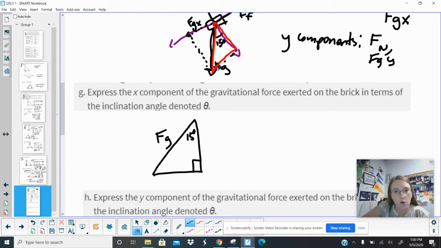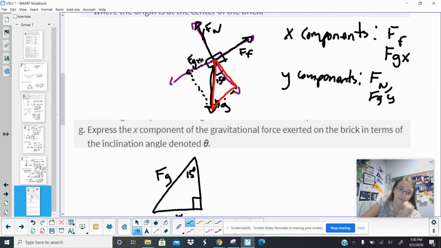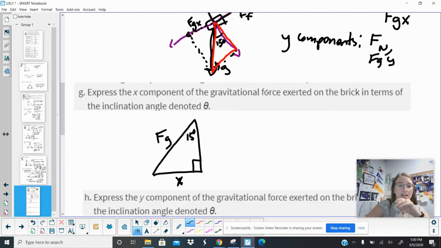So is this going to be my x or my y component? That's the x component. I'm going to show you how we do it this way. Because the x component, which is right here and right here, is going in this direction to the left, is that going to be a positive or a negative x? That's a negative x. Okay.